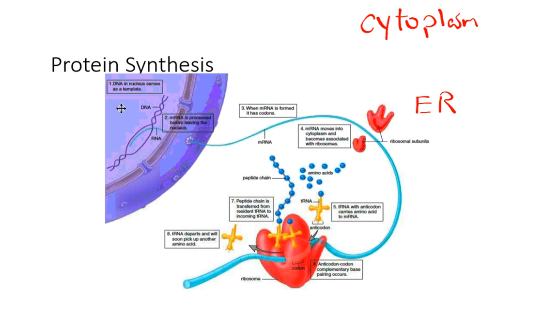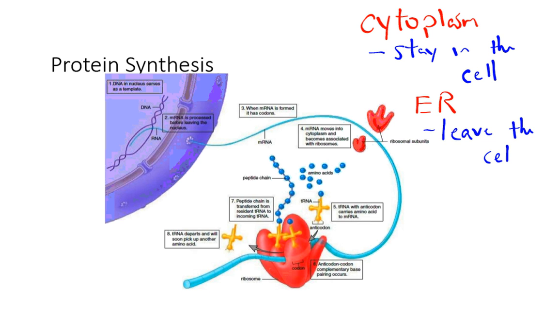Ribosomes that are located in the cytoplasm, when they make proteins, those proteins are going to stay in the cell. Whereas if the ribosome is on the ER when it makes the proteins, those proteins are going to leave the cell.